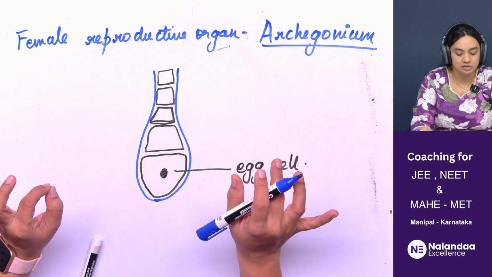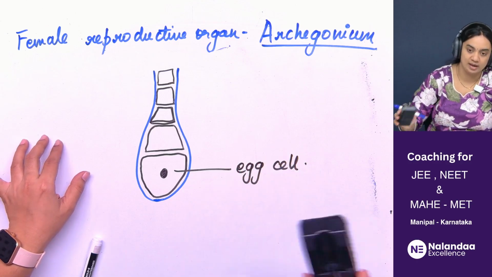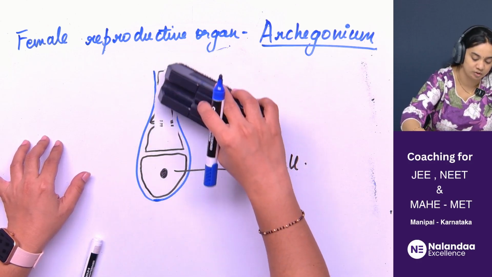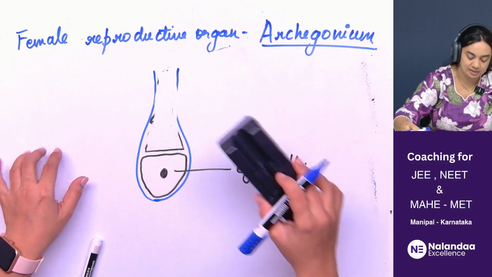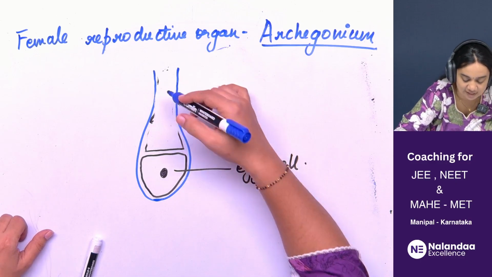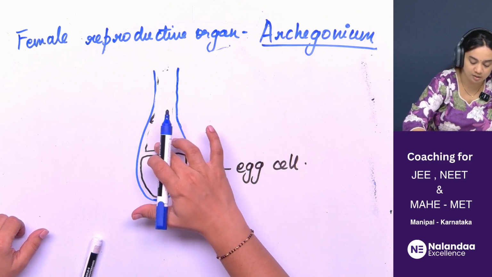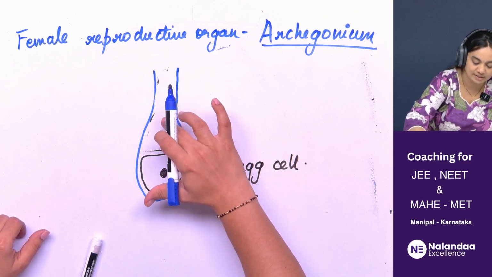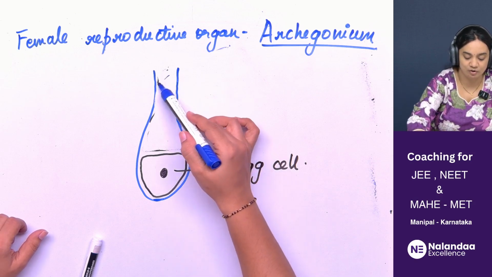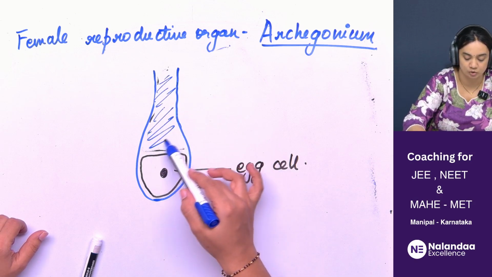Now the process of fertilization happens during the rainy season, when enough water should be available. That is when the bryophytes will start flourishing. So what happens when the egg cell is mature? The additional cells present above the egg cell will degenerate and form a mucilaginous mass over here.